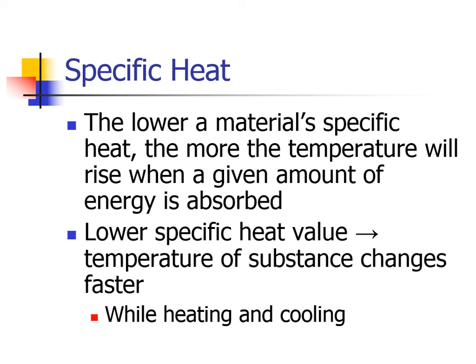Lower specific heat values will change their temperature more quickly. And that's true when something is heating up, but it's also true when something is cooling down. So lower specific heat values mean the temperature of a substance will change fairly quickly.